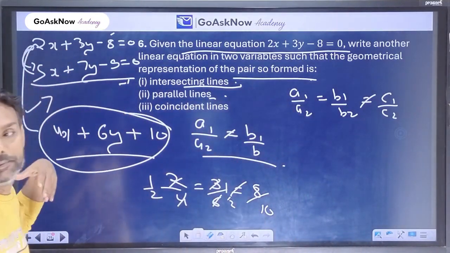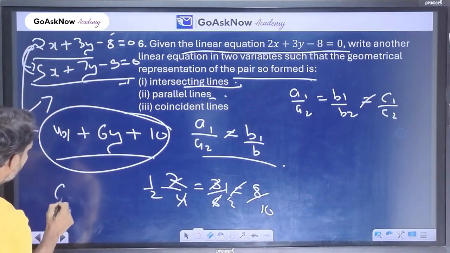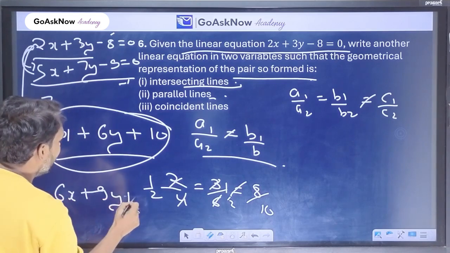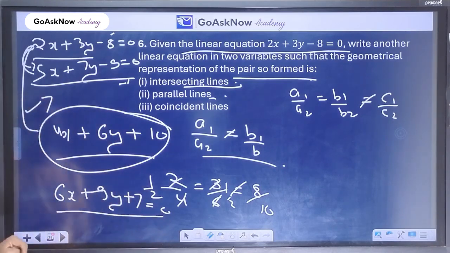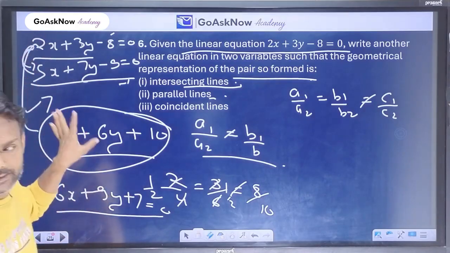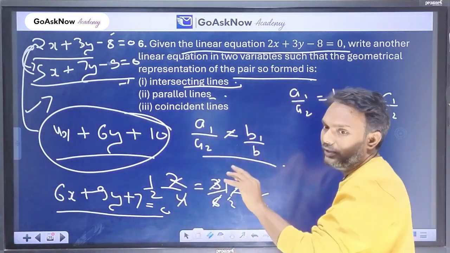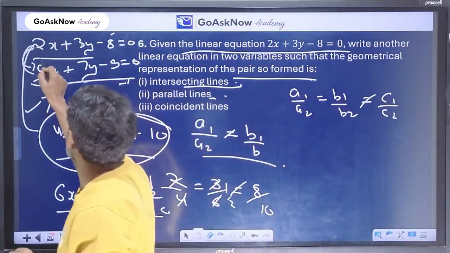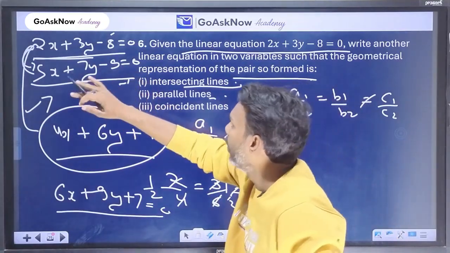Suppose you multiply these two numbers with 3. 2 3s are 6, then 6x, 3 3s are 9, 9y, and any random number 7. Then this also represents a set of parallel lines. Now coincident lines. In coincident lines, you have to take a number and multiply it with this equation. Suppose you take 2 and multiply it with the whole equation.